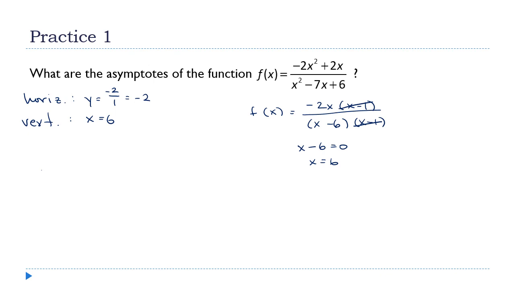We've seen a situation where it had none, right? That is a possibility. A rational expression cannot have two or more. It is possible for some functions to have two or more, but not rational functions. Okay, our rational functions are going to have either 0 or 1.